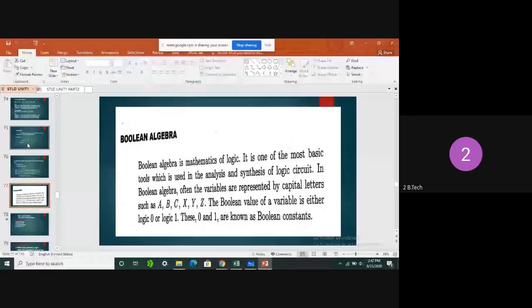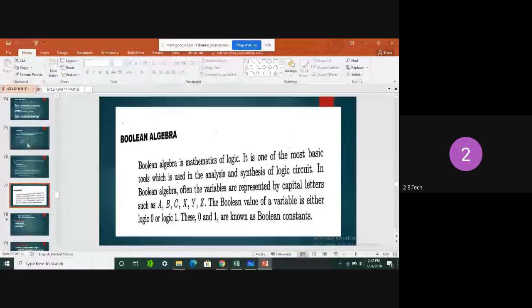Most of the time A, B, C are used as inputs and X, Y, Z are used to represent output terminals. Sometimes we may have multiple inputs and multiple outputs. Logic values are represented as logic 0 or logic 1, that is 0 or 1.